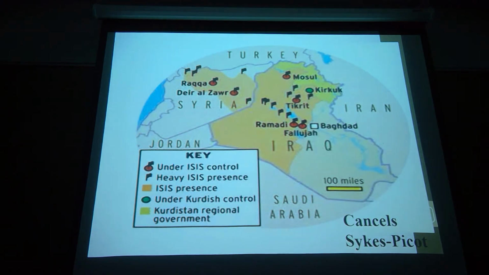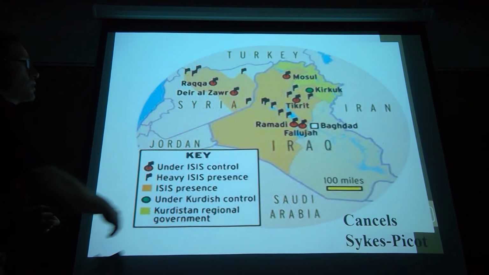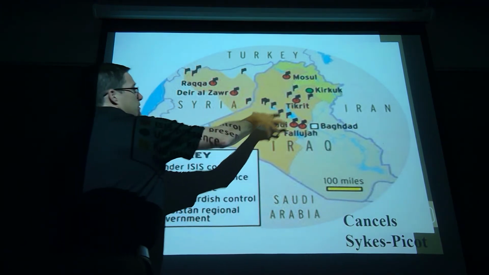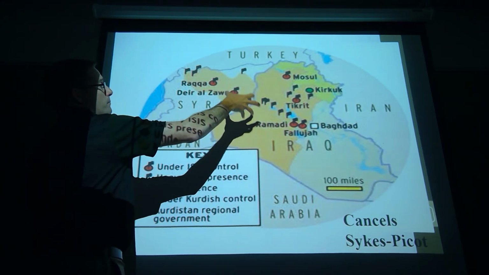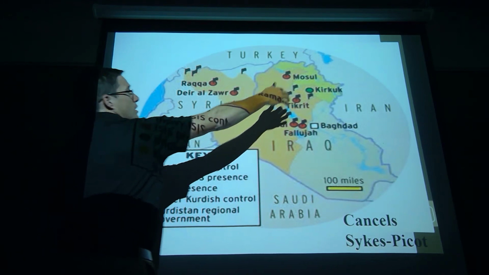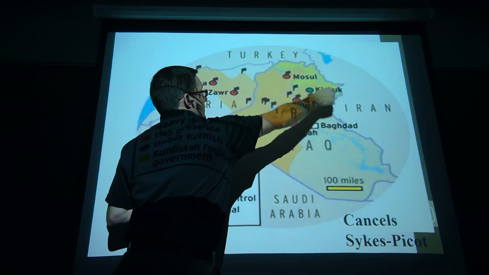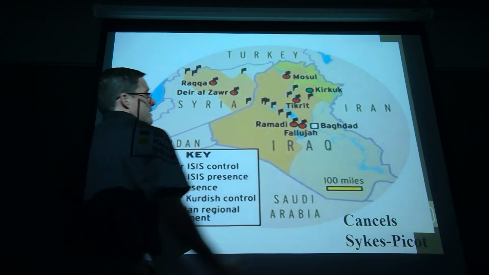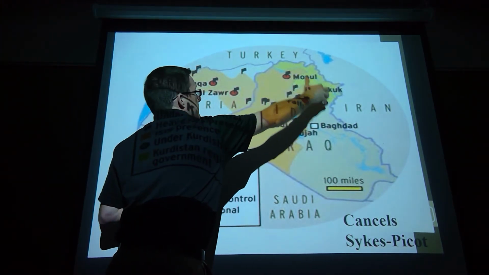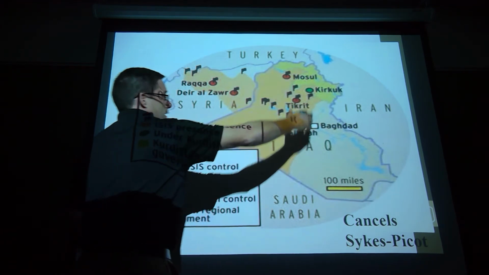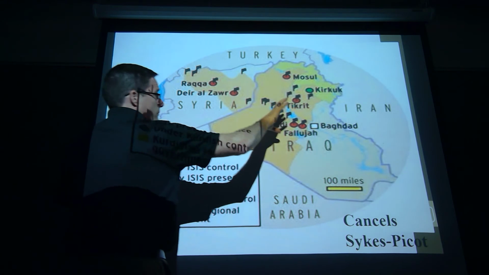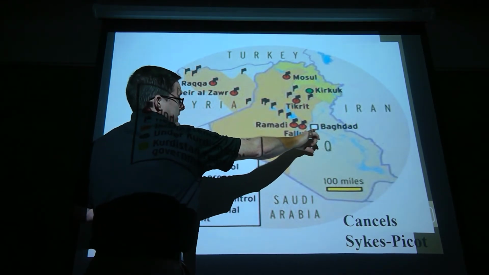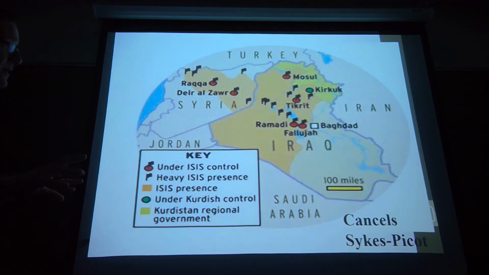Again, in Iraq itself, Western Iraq fell completely under the control of ISIS. And the only place where we had real support was here above Mosul in Kirkuk, because these are the Kurds, okay? And the Kurds actually want their own country. But this is their area, okay? The lower part of Iraq was still under Iraqi control, but they were really pressing. They almost took Baghdad. They didn't get Baghdad, but they almost took Baghdad.